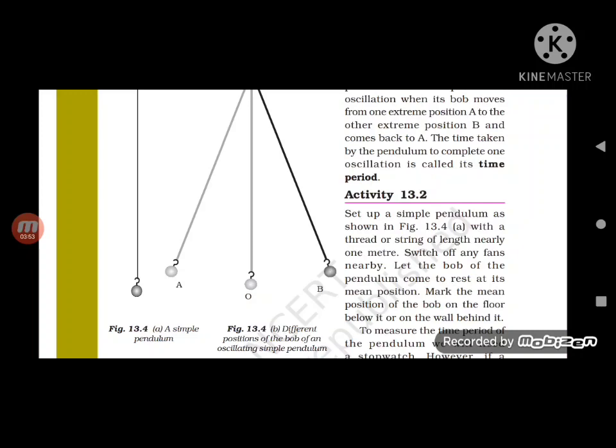But in 13.4b, you can see the pendulum is at a different position, and that metallic ball is called the bob, and it is in oscillating position. In 13.4b, it is at position A, position O and position B.